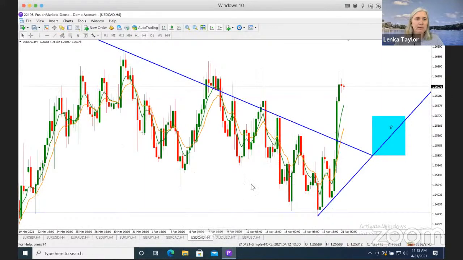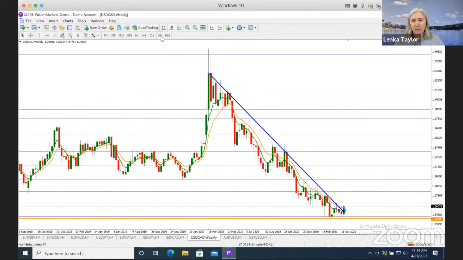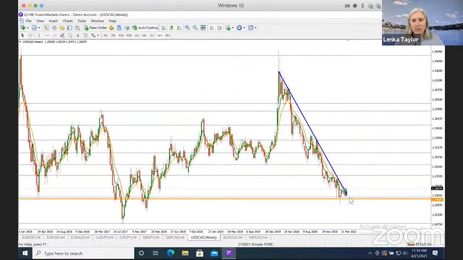Next currency pair, I'm looking at USD CAD. So USD CAD, I'm looking for a long. On that one, it has been going down for quite some time. It's at around that horizontal support level.